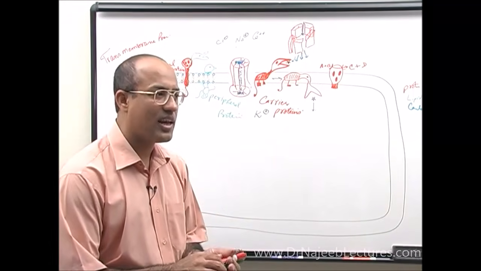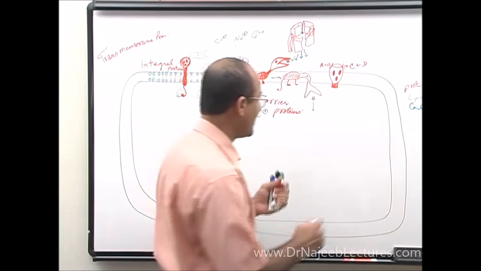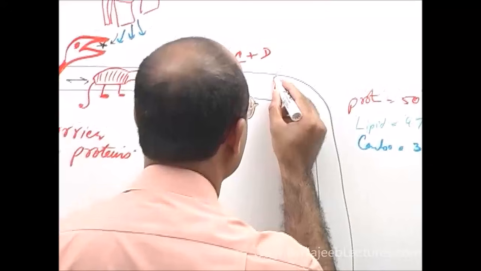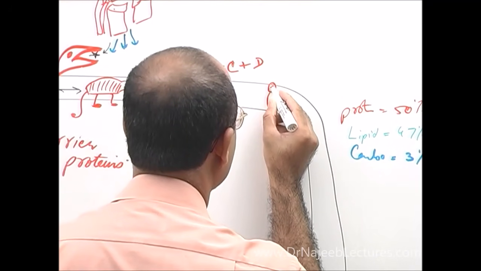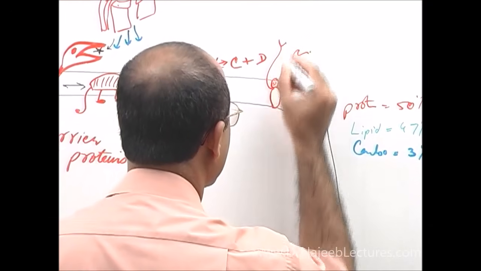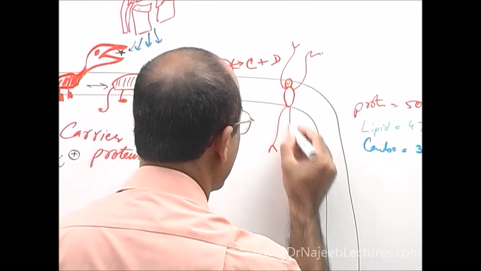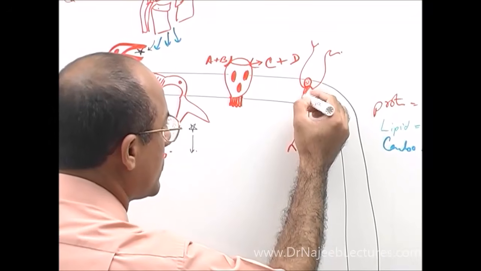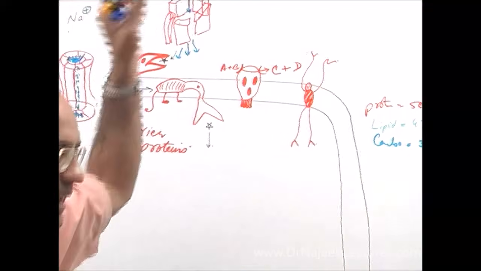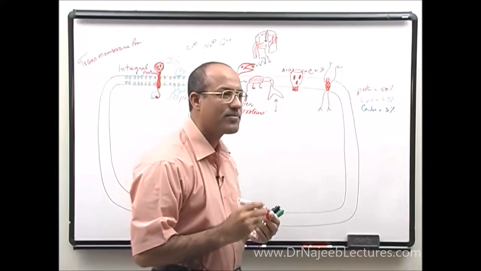They have special linker proteins. Look at this monkey. This is another integral protein. Its hands are dangling out and legs are dangling in.